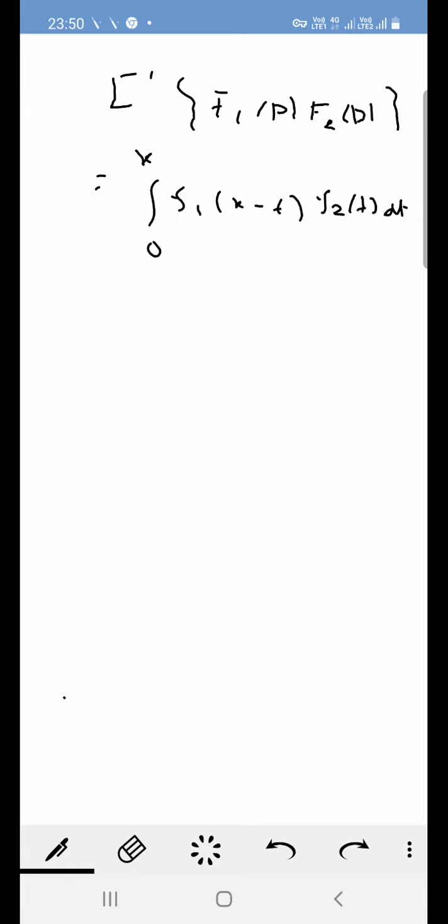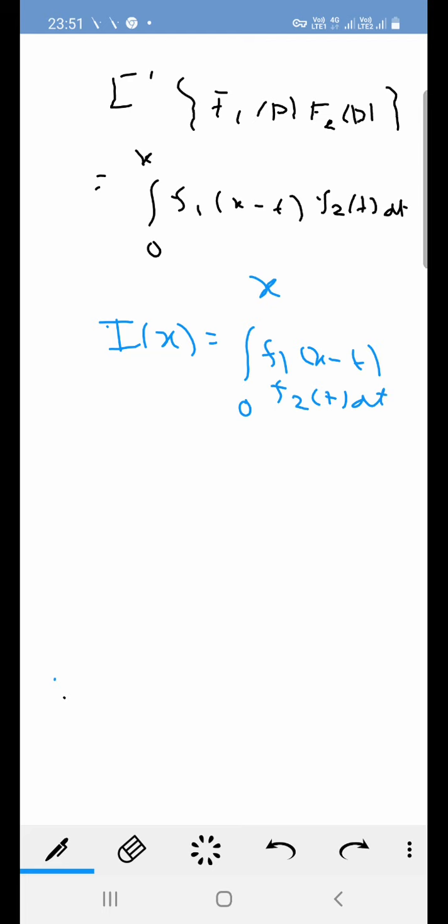Now, if you look into the integral, any integral Ix for that matter, equal to the integral from 0 to x of f1 of x minus t into f2 of t, it can also be written the opposite way, as the integral from 0 to x of f1 of t into f2 of x minus t dt.